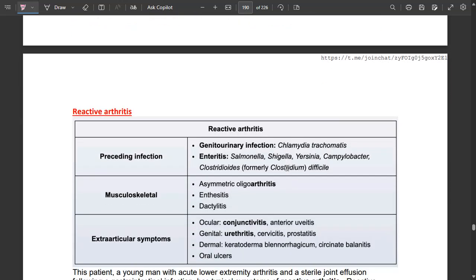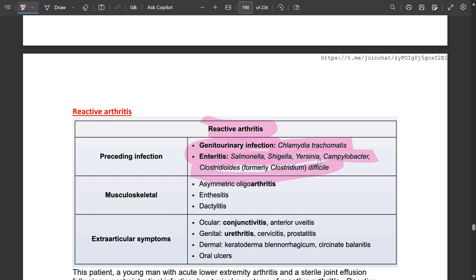Reactive arthritis. It follows a preceding infection, like a genitourinary infection or gastrointestinal infection. Genitourinary infection by chlamydia and enteric infection by Salmonella, Shigella, Yersinia, Campylobacter, and Clostridioides difficile can cause reactive arthritis. In the musculoskeletal system, it causes asymmetric oligoarthritis.